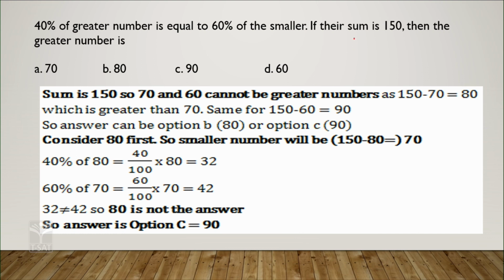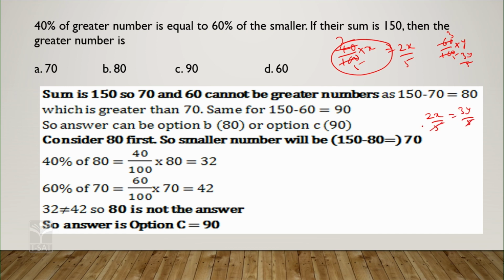Say x for example. 40% of x means 40 by 100 into x, which is 2x by 5. That is 40% of the greater number. And 60% of the smaller, we don't know, that's y. Means 60 by 100 into y, which is 3y by 5. So 2x by 5 is equal to 3y by 5. The 5 gets cancelled, means x is equal to 3 by 2 y.